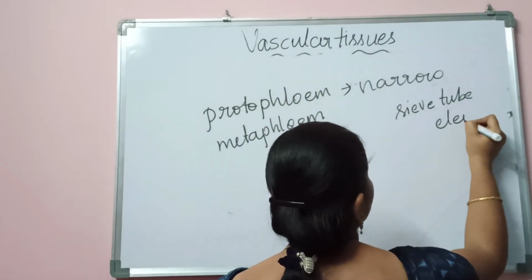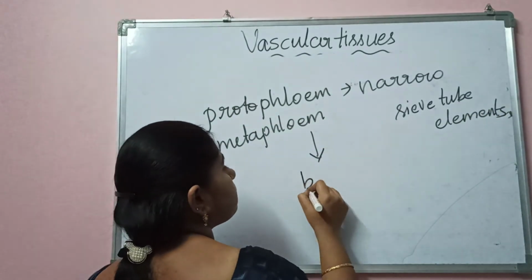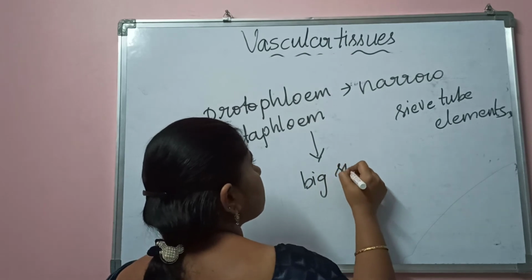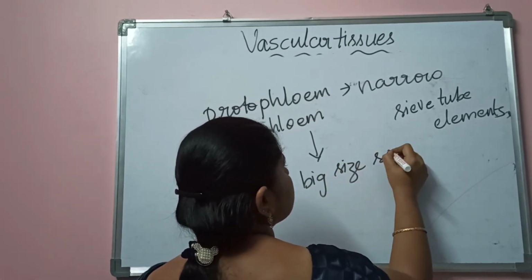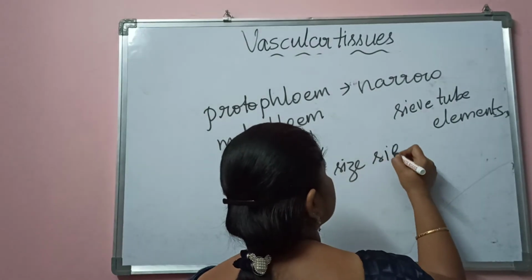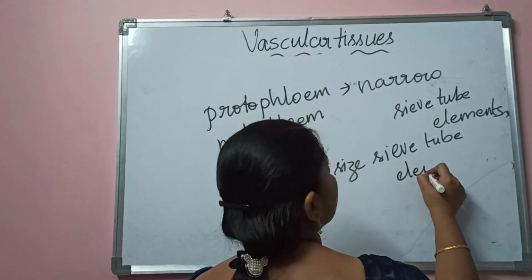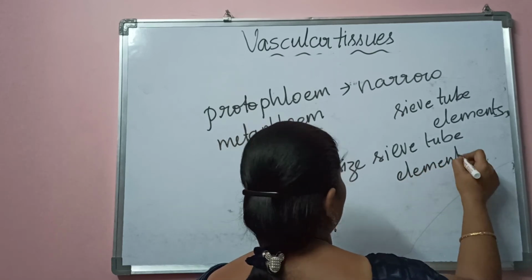In the metaphloem, big sized sieve tube elements will be present. So this is the main difference between the protophloem and the metaphloem.